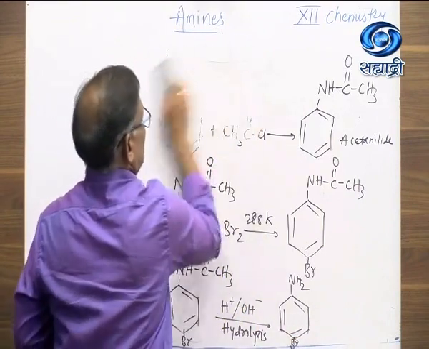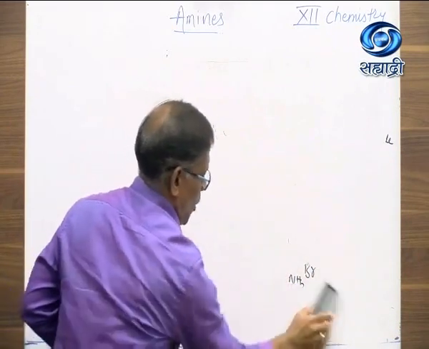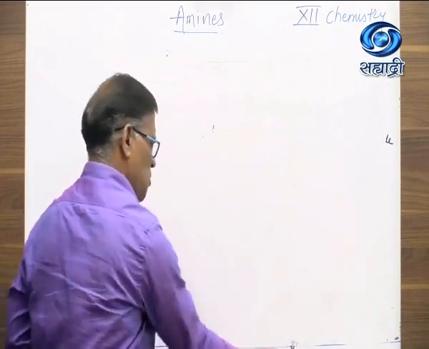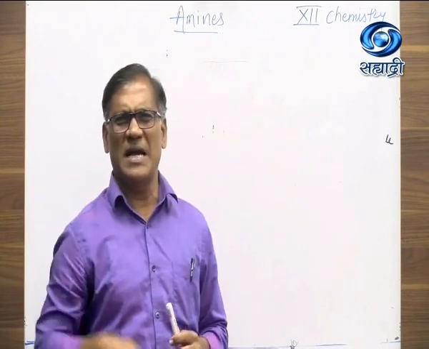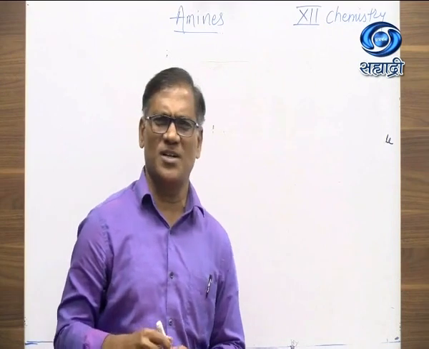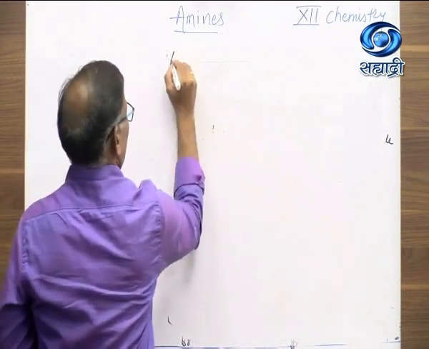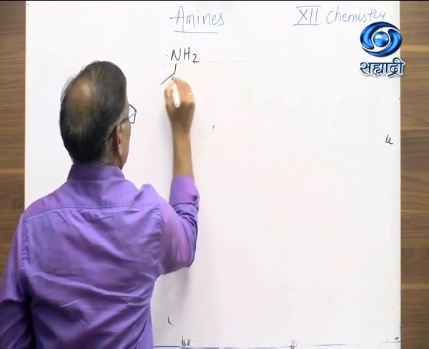Now the nitration reaction. The second reaction is the nitration reaction. Nitration of aniline gives a mixture of products like ortho-nitroaniline, meta-nitroaniline and para-nitroaniline. To prepare para-nitroaniline, the same reaction is carried out.